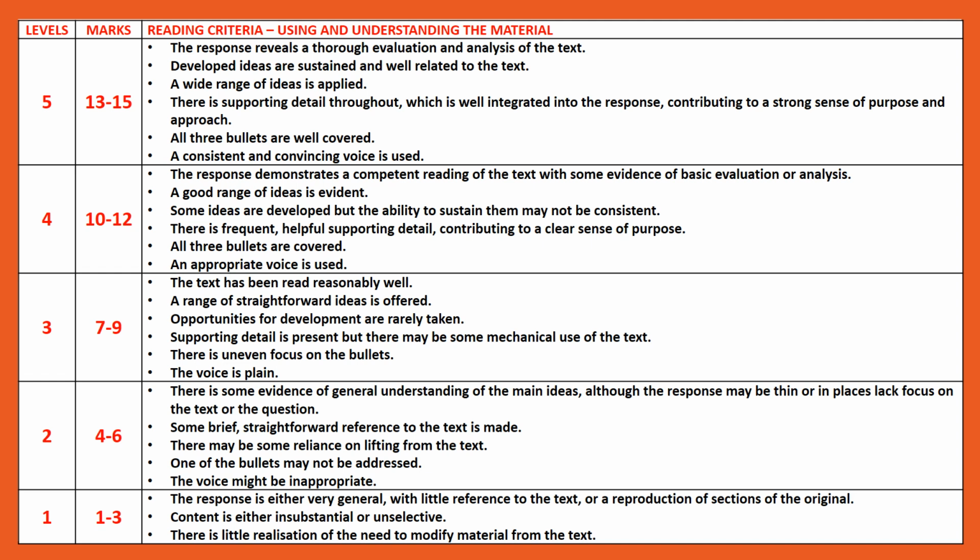Of 25 available marks, 15 are awarded for your reading skills. This means the response provides a thorough evaluation with well-developed and varied ideas, supporting details with a strong sense of purpose, effectively covering all key points with a convincing voice.